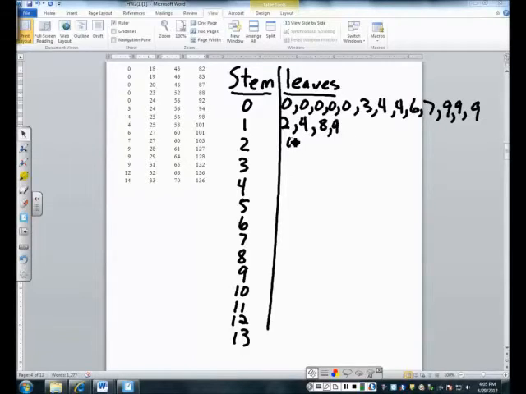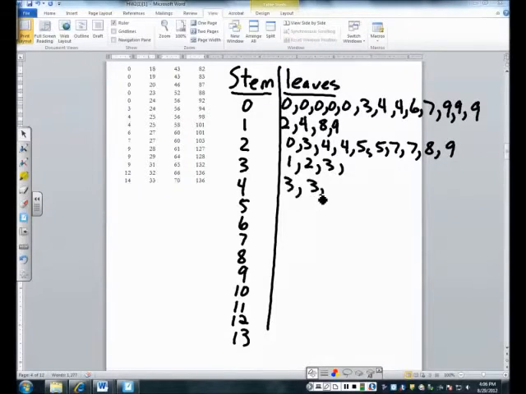Into the 20s, 0, 3, 4, 4, 5, 5, 7, 7, 8, and then 29. In the 30s, 1, 2, 3, that's it. I didn't even need that last column. On the 40s, 3, 3, and 6. And the 50s, I've got 52, 56, 56. That's a 6 there. And another 6, and then an 8.